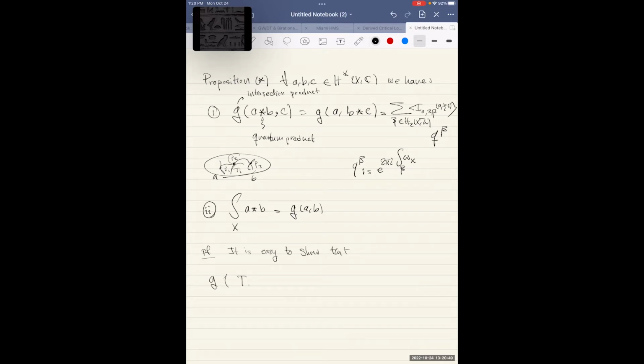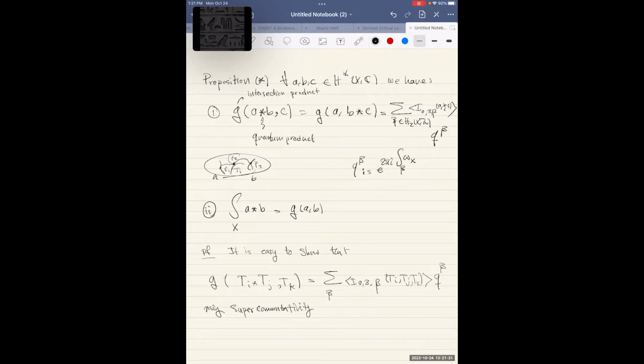g of Ti star Tj, these are the generators of cohomology, with the third cycle Tk, is equal to the sum over all beta of I_{0,3,beta}(Ti, Tj, Tk) q to the beta. This is something that we have seen before, and using supercommutativity, we also saw that the star product, the quantum product, is supercommutative.